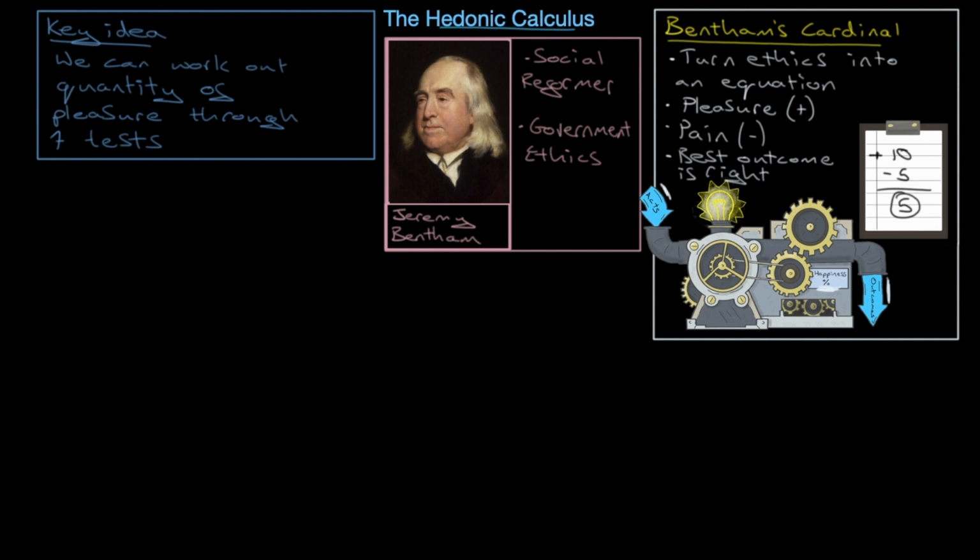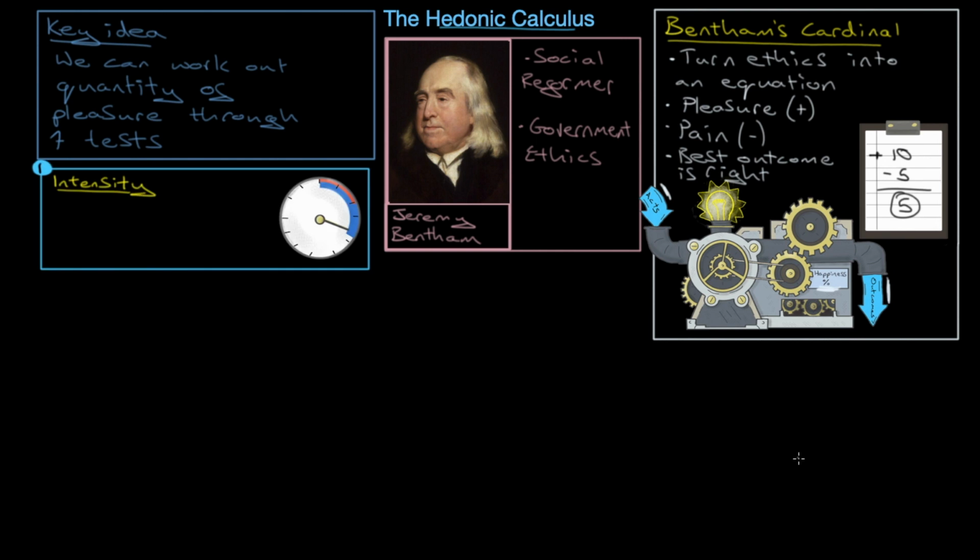And this is the Hedonic Calculus itself, which comprises 7 attributes that we need to consider when we're performing the calculus. So the first aspect is intensity. So intensity, I've drawn a little dial there, is essentially the strength of the pleasure.